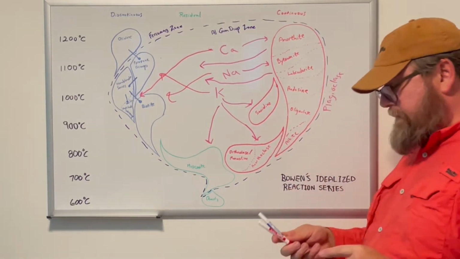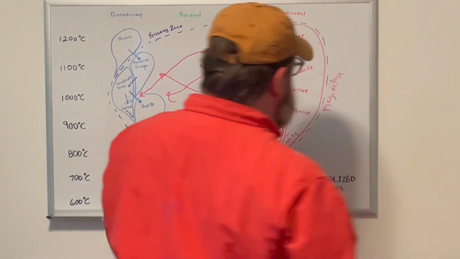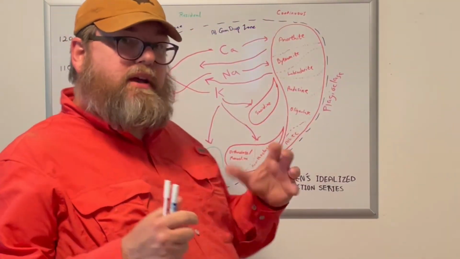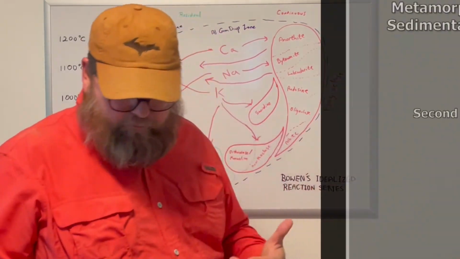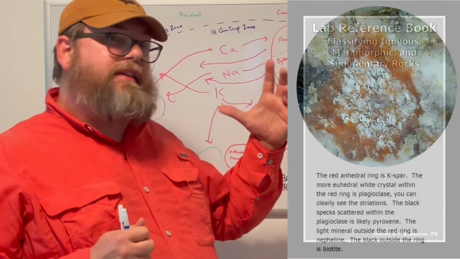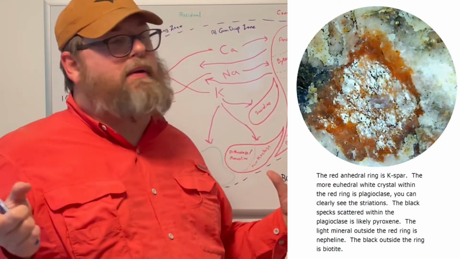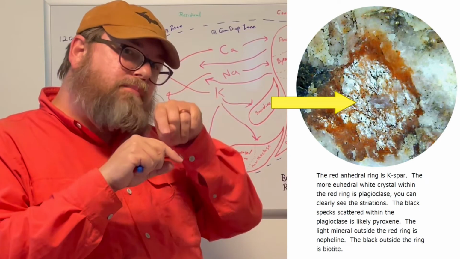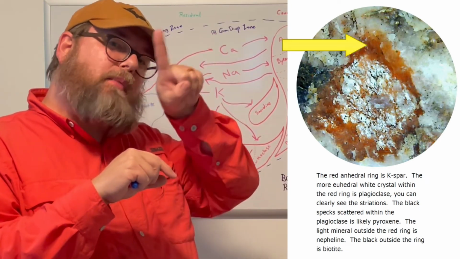Oh, I remember now. A lot of times you'll see this in action. I have pictures of this in my lab book. You'll see a beautiful picture of a good 2 millimeter crystal with white striated plagioclase with a red K-spar halo.